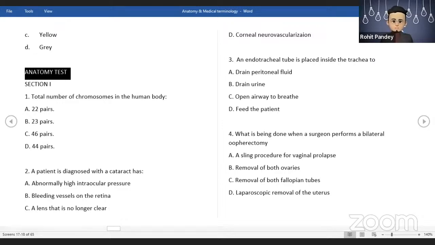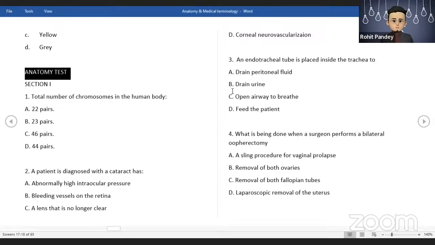Let me tell you what a cataract is. A cataract is a cloudy area in the lens of your eye, the clear part of the eye that helps to focus light. Cataracts are very common as you get older. In fact, more than half of all Americans age 80 or older either have cataracts or have had surgery to get rid of them.